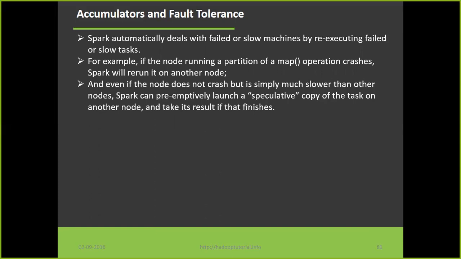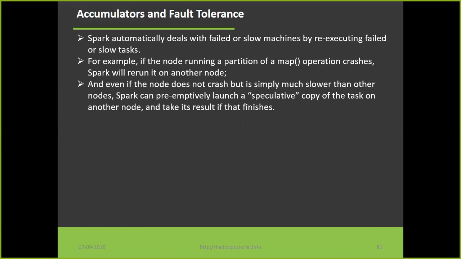So use them in actions instead of transformations. If you use them in transformations, it may not be guaranteed that you get the exactly correct value if there are any task failures. If there are no task failures, obviously you'll get the correct value.